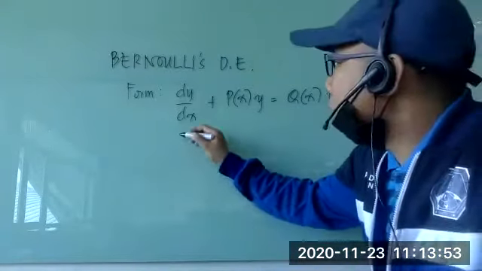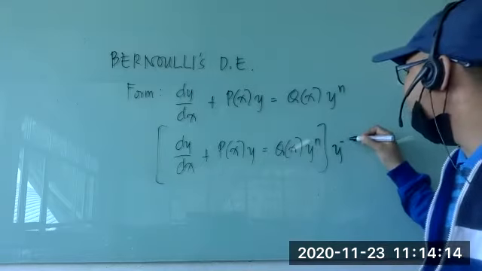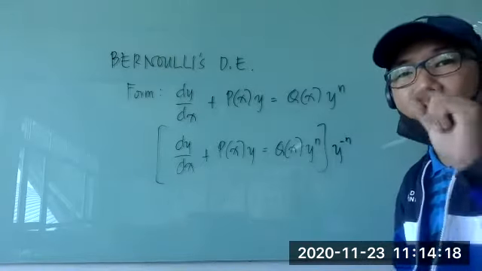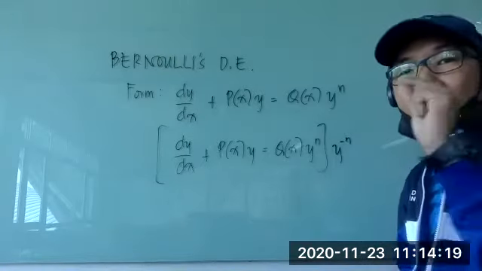So the first step is we multiply the entire equation by y raised to negative n or 1 over y raised to n. Okay, so nagawin ko na lang y raised to negative n. Same lang naman yun. Y raised to negative n is equal to, para lang sa kalaman niyo, 1 over y raised to n. So yun yung first step.